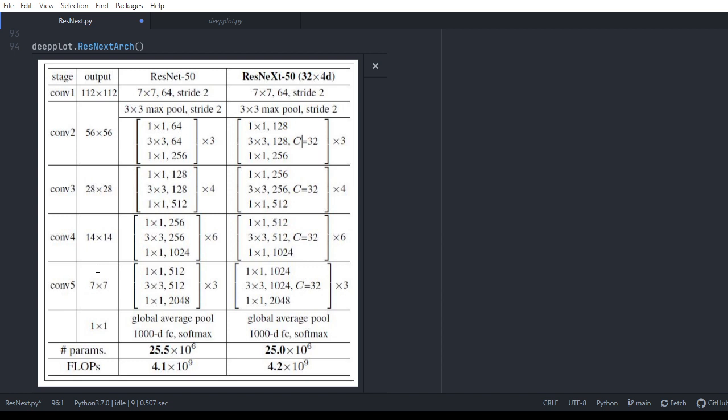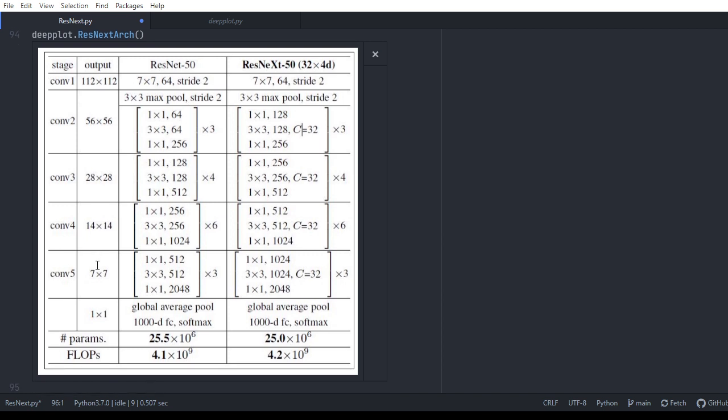We see that as opposed to the ResNet, where the last layer in the residual block has 4 times the number of filters as the first convolution and the second convolution layer in the ResNet block, for the ResNext the last layer has 2 times the number of filters, and then the middle convolution layer has a cardinality of 32, which means that the 128 filters will be shared such that each convolution stacked depthwise will now have 4 filters as outputs.